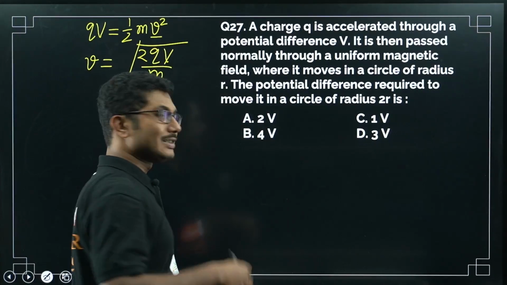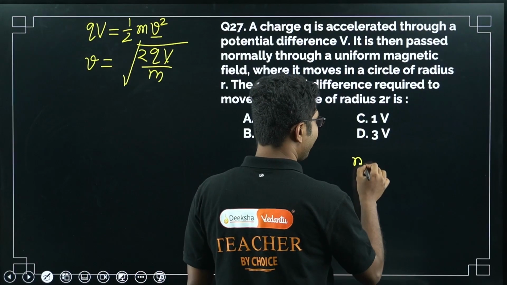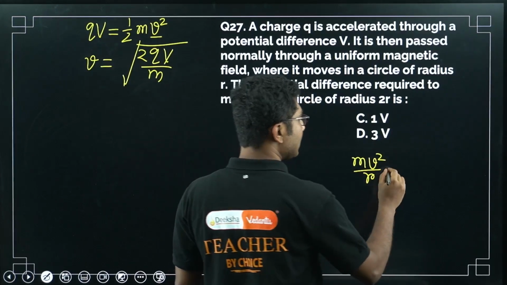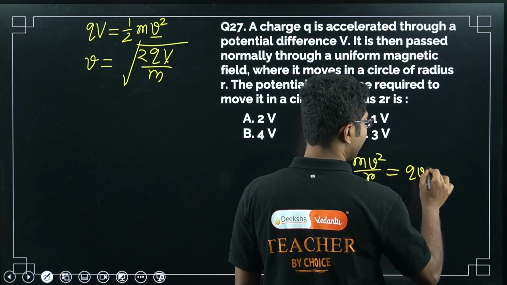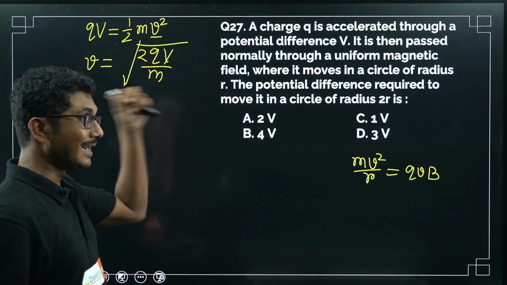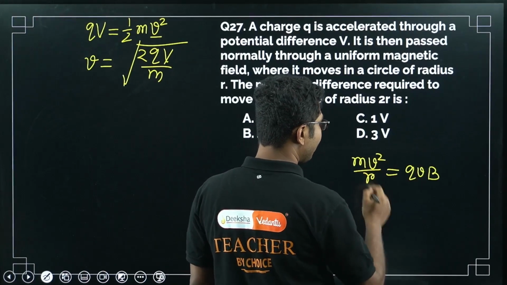Now let us go to the equilibrium condition, that is mv square by r, the centripetal force, is equal to the Lorentz force, that is qvB. This is the main thing.